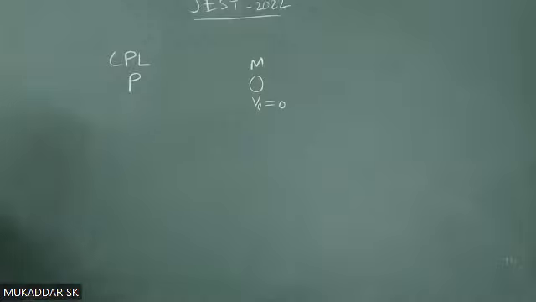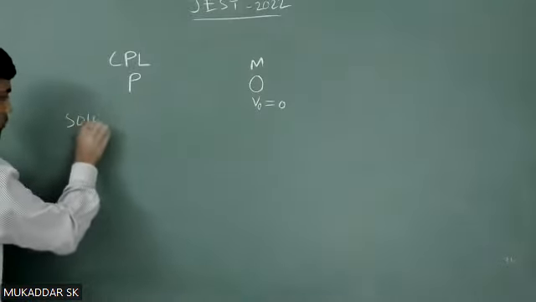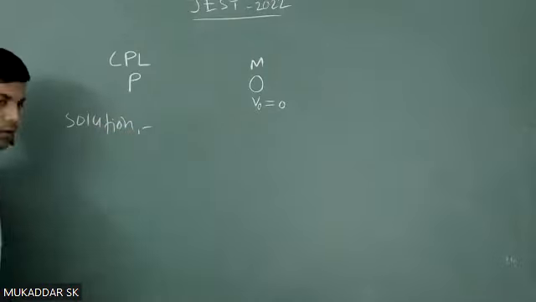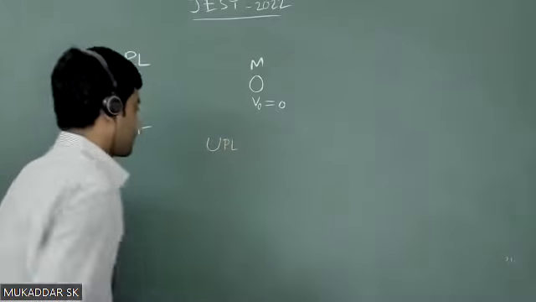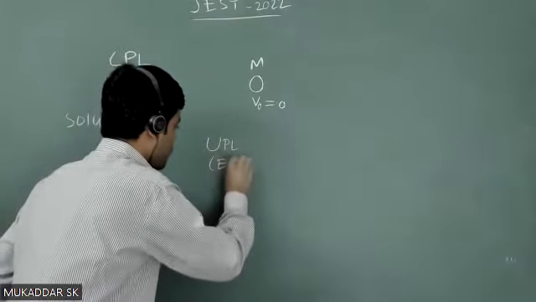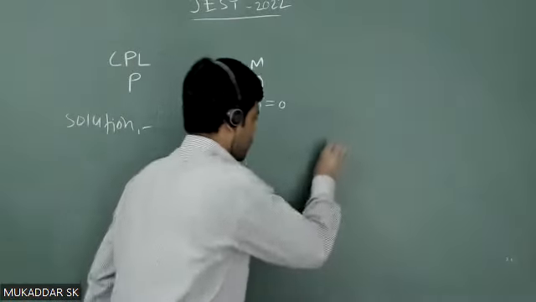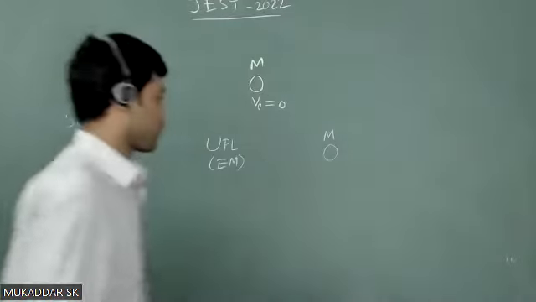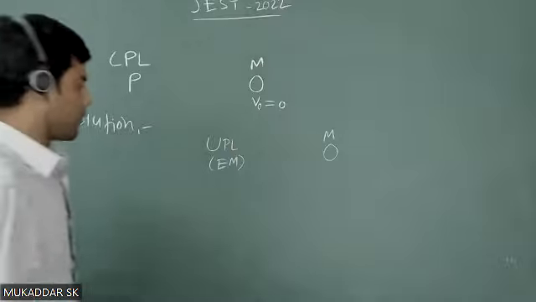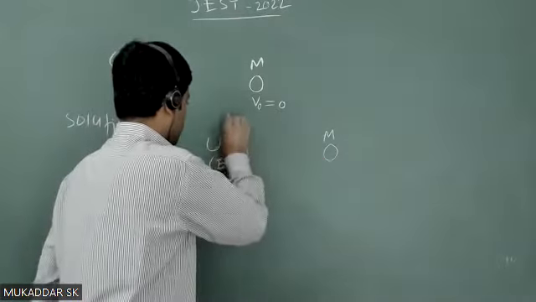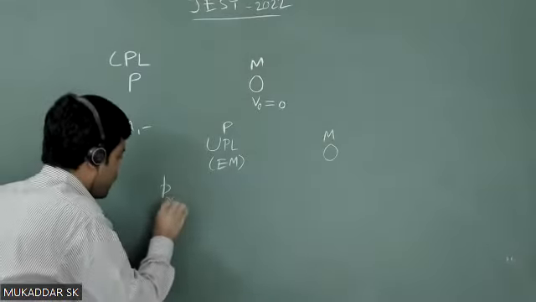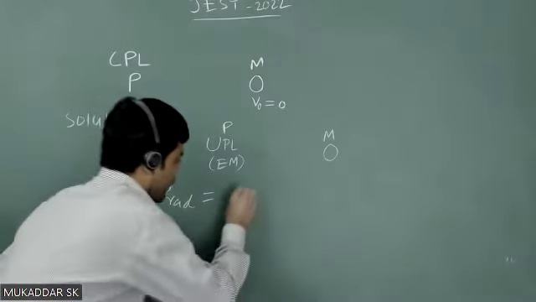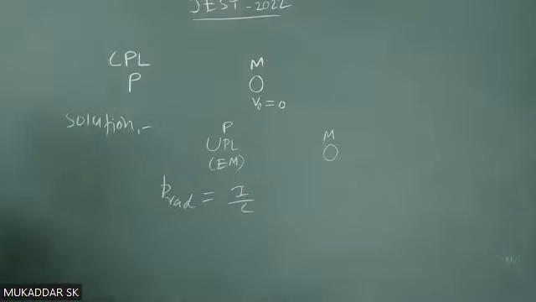As we know, let us solve this question. We know that when unpolarized electromagnetic light is incident on a particle, and the particle completely absorbs this power P, then the radiation pressure can be written as I by c, where I is the intensity of the incoming beam.